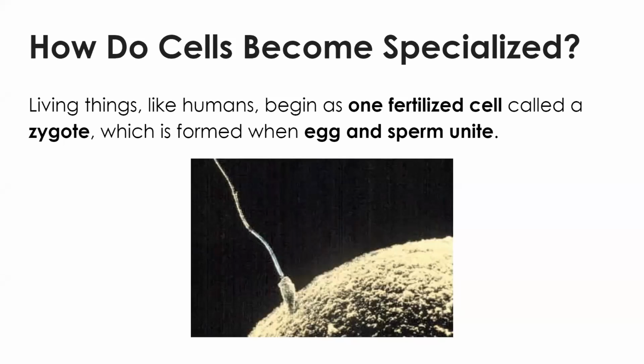So how do cells become specialized? Well, all living things like humans begin as one fertilized cell. So all living things begin as one fertilized cell called a zygote. A zygote is formed when an egg and a sperm unite or come together. So how is it that you were one cell in your mom's belly?